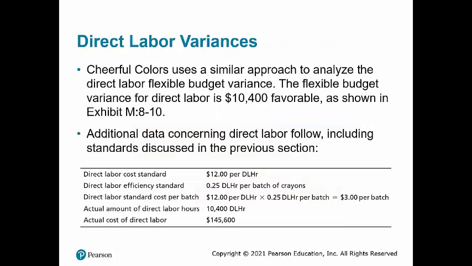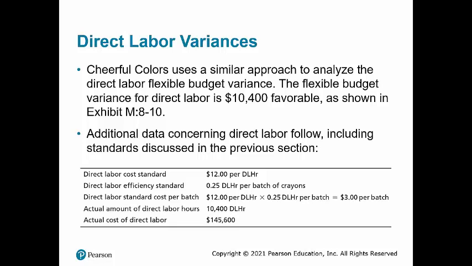This slide shows the information to analyze the direct labor flexible budget variance. The flexible budget variance for direct labor is $10,400 favorable. This slide shows the additional information concerning direct labor, including the standards that we discussed in the previous section. The direct labor cost standard is $12 per direct labor hour.